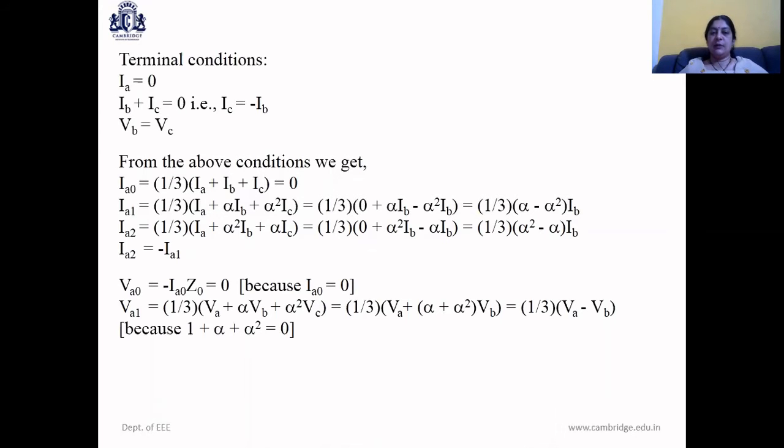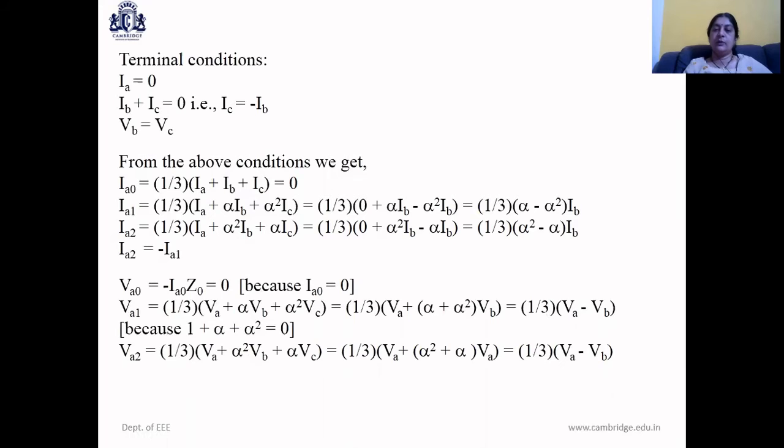Therefore, VA1 is equal to 1 by 3 times of VA minus VB because 1 plus alpha plus alpha square equal to 0, which indicates that alpha plus alpha square equal to minus 1. So here in place of alpha plus alpha square we have substituted minus 1. So VA1 is equal to 1 by 3 times of VA minus VB. VA2 on similar lines will be equal to 1 by 3 times of VA minus VB.